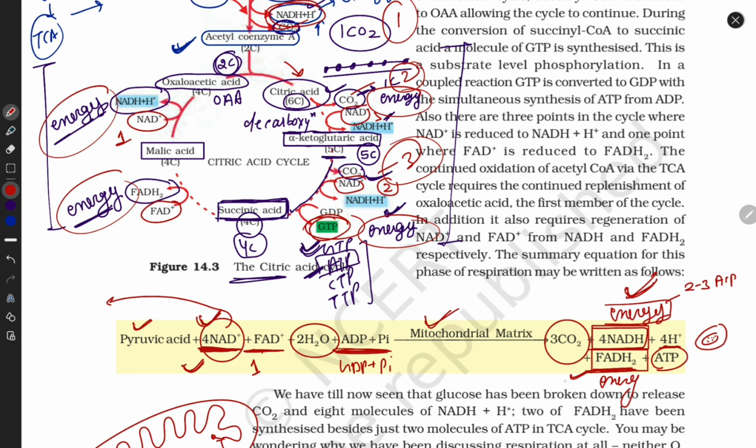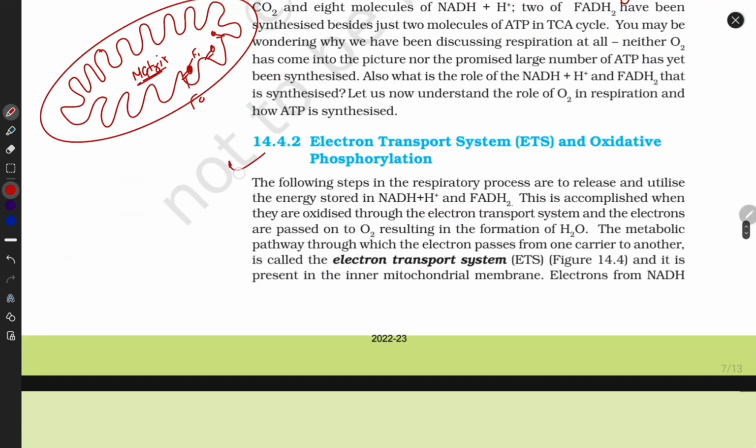If we break FADH2, it also gives 2 to 3 molecules of ATP, and this is the simplest form of energy. 3 hydrogen ions combined, and they also give ATP, guys. With the help of ATP synthase pump, they go into the ETC pathway. So we get high energy from the TCA cycle, and the highest energy we will find in ETC, guys.